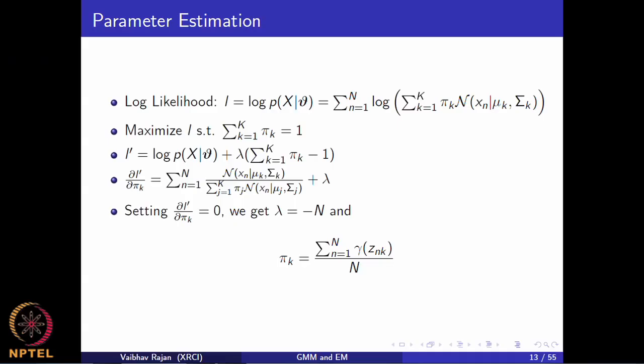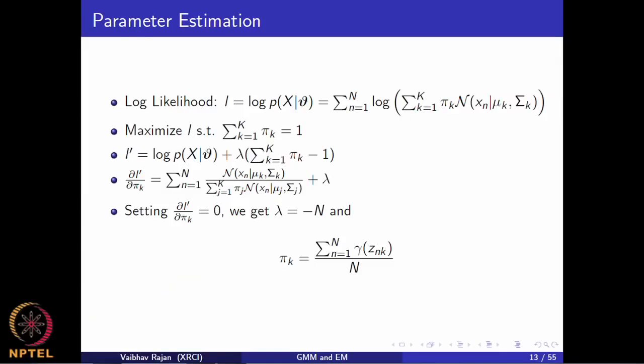When we take the derivatives with respect to pi k, we have to be careful. We have to make sure that we use the constraint. Remember, the sum of all the pi k's must be equal to 1. So we can't directly differentiate this. You have to use Lagrange multipliers. Is everybody familiar with Lagrange multipliers? Yes, no? Okay.